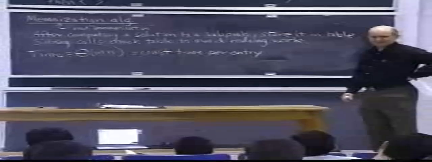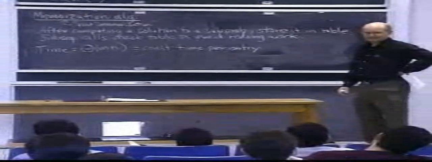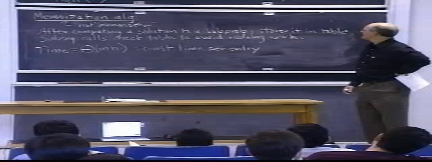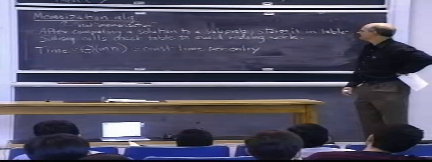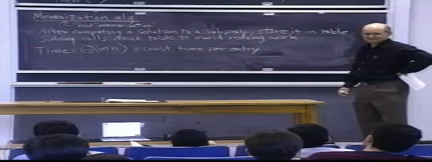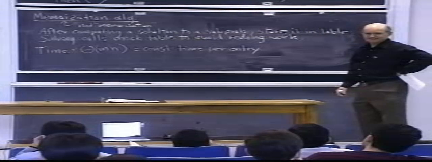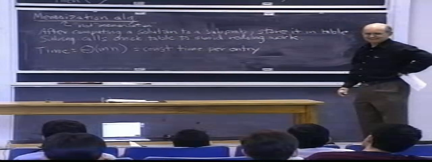Because eventually you're going to fill in the whole table. And LCS gets called, and it actually does work once per entry in the table. Yeah, but you're doing all these lookups too. LCS gets called more than once per table entry. But it only does work once per table entry.